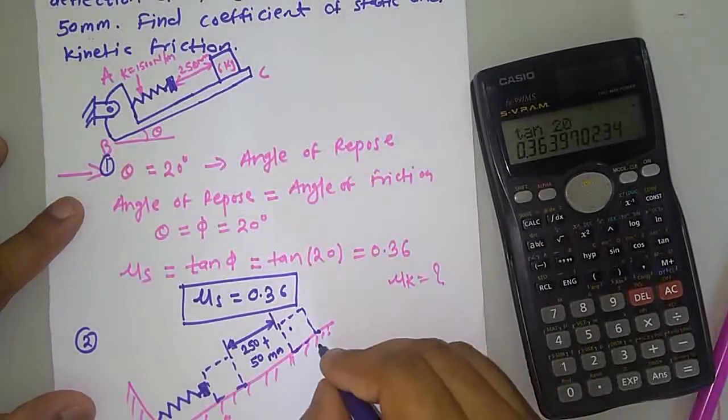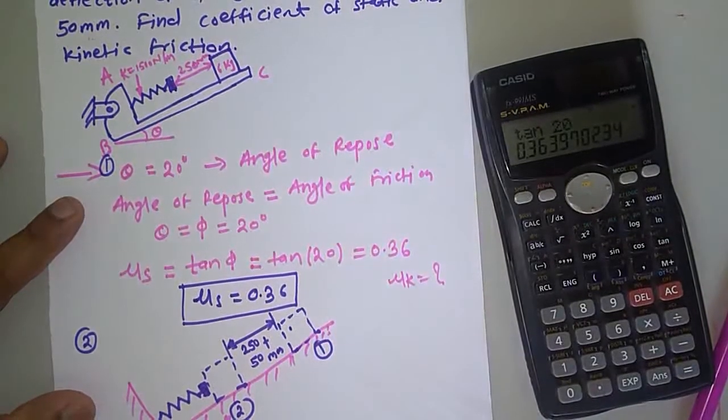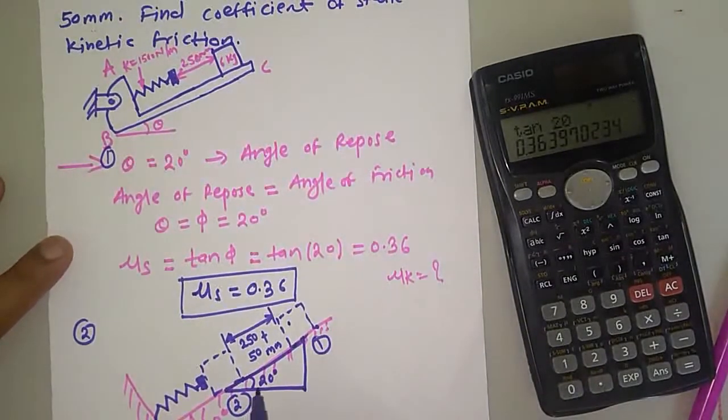Consider this is position 1 and this is position 2. I will calculate the vertical change in distance. Suppose we need to calculate this vertical change. This angle is 20 degrees, this distance is 300 mm, and this is h.